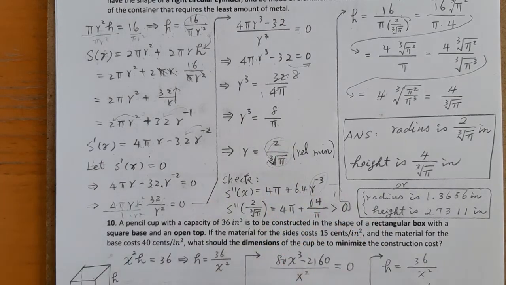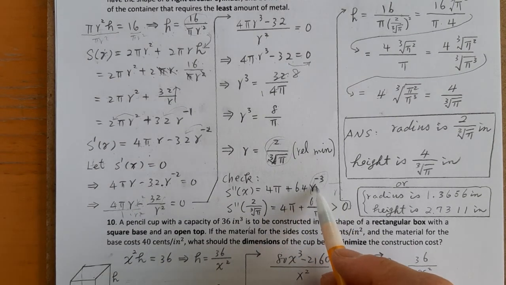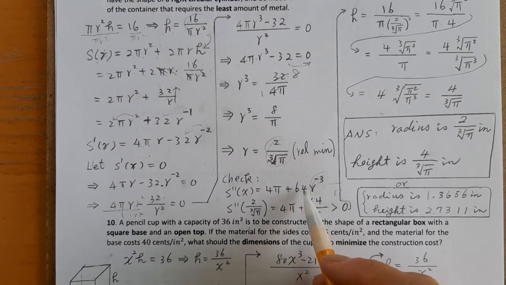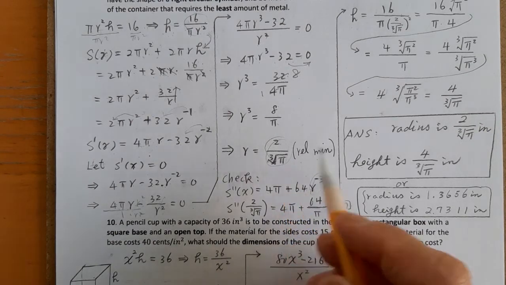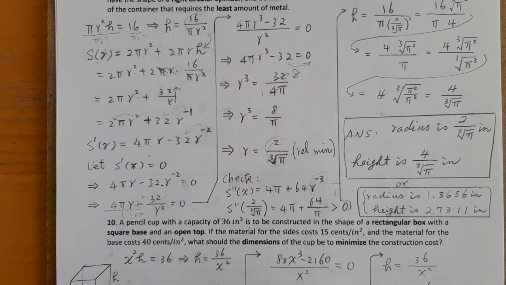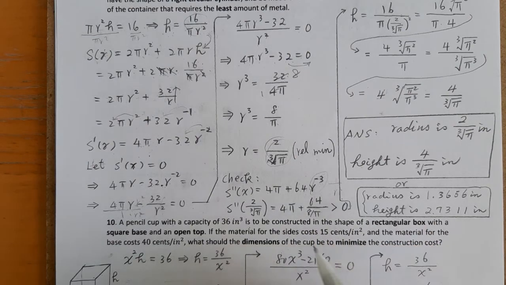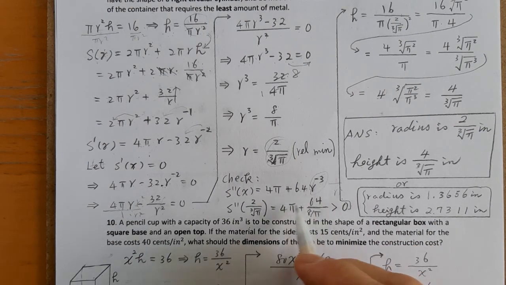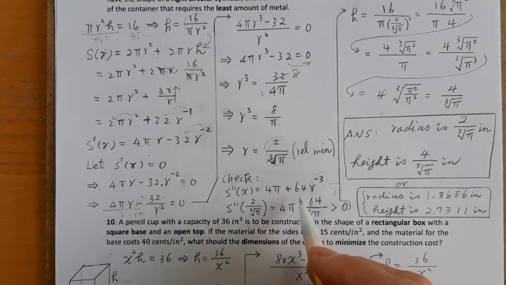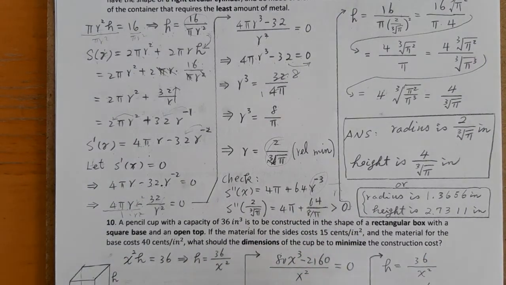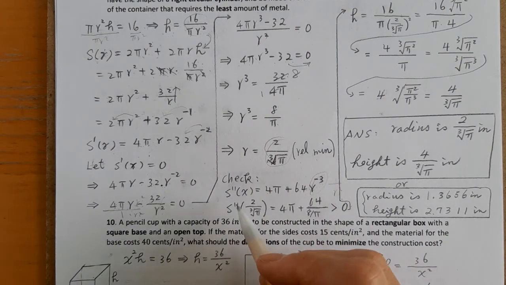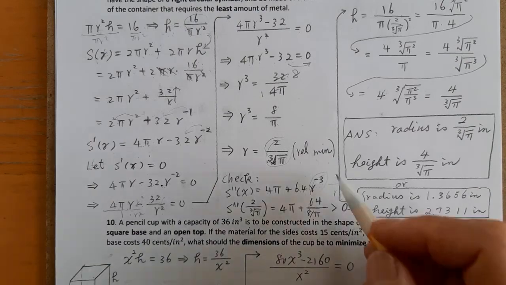This r cubed is 8 over pi, so you get 64 times the reciprocal. It's positive, always positive, because r is greater than 0. Since it's positive, the second derivative is positive, so it is a relative minimum.